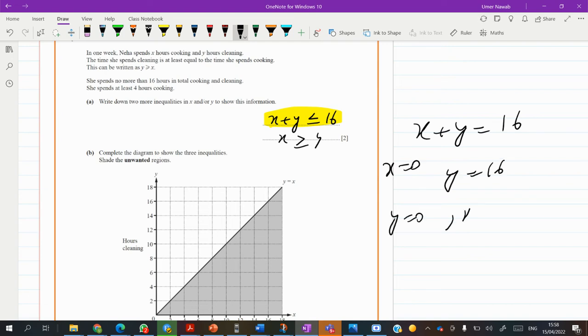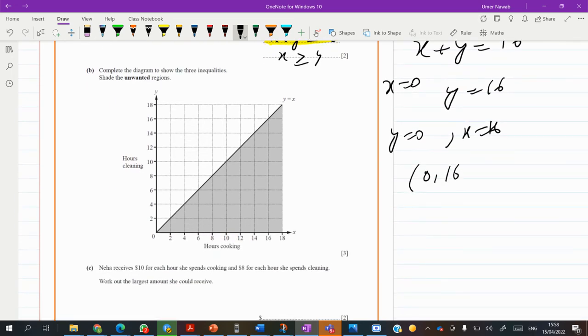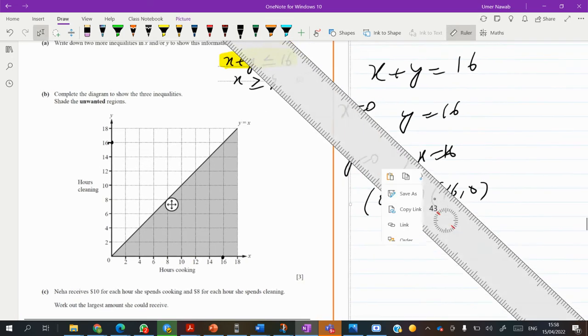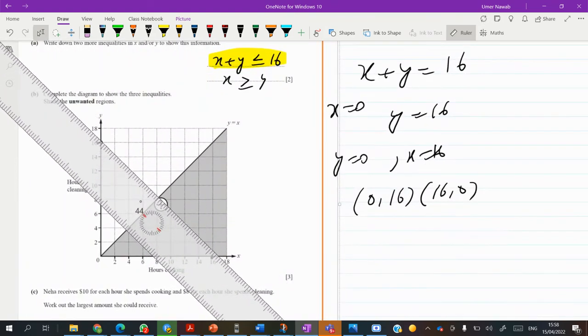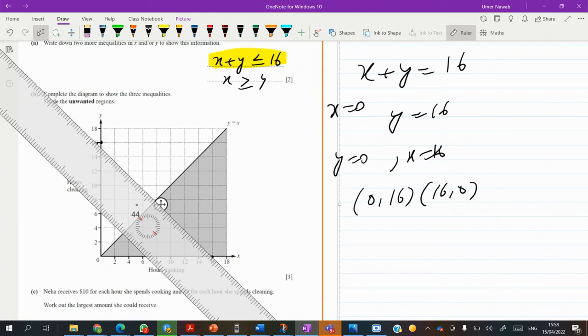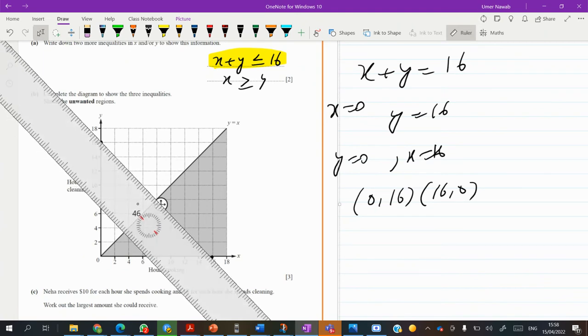And if I put y equal to 0, x is 16. So I have 2 points, (0, 16) and (16, 0), on this line. So this is 16, 16. Use the ruler and draw this line. Try to be more accurate on this.